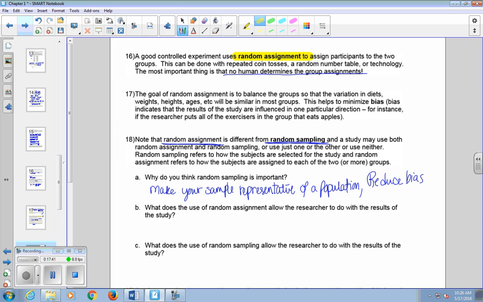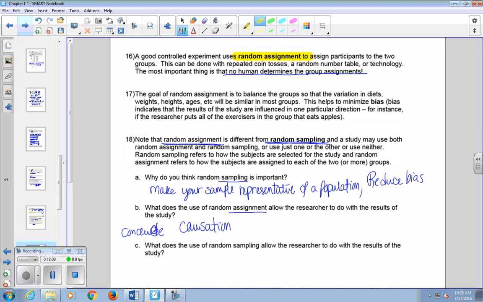What does the use of random assignment allow the researchers to do with the results of the study? So the first question was about random sampling. This one's about random assignment. Random assignment allows causation, you to conclude causation.